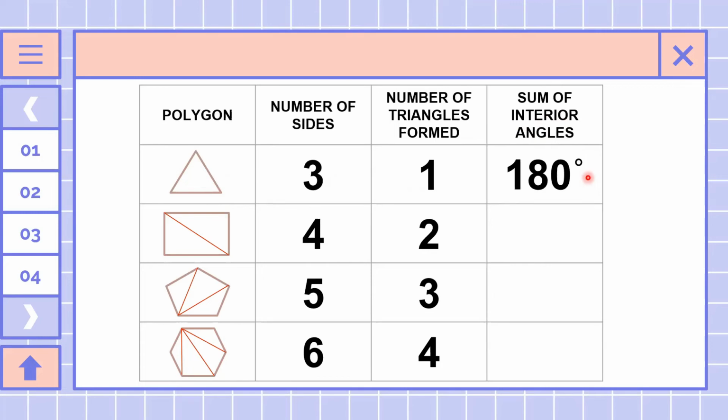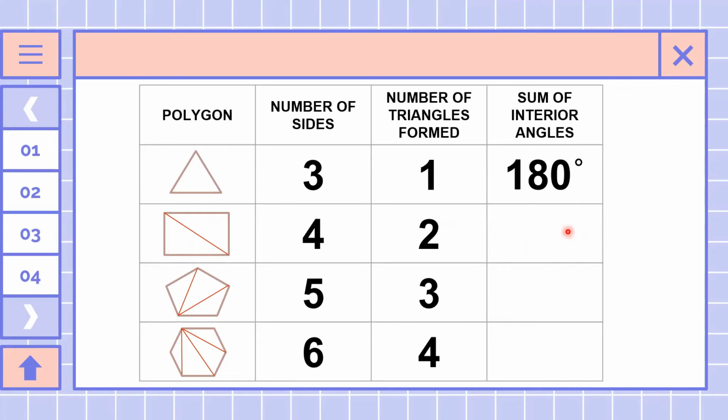Alright? So now, the square, we drew a diagonal and two triangles were formed. If one triangle measures 180 degrees, how much is the sum of interior angles of our square, which has two triangles? 360 po, ma'am. Very good.